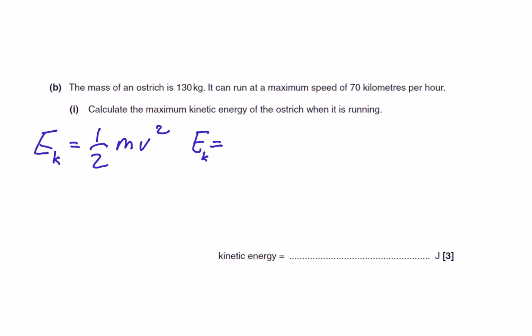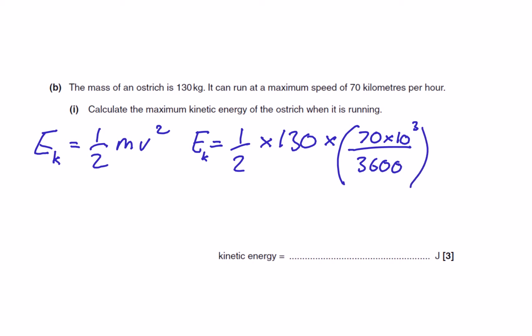Ek is going to equal a half multiplied by the mass, that's 130, multiplied by the velocity squared, and if it's going 70 kilometers per hour, that's 70,000 meters, and if we divide that by the number of seconds in an hour, 3,600, that will do that. And if we square that, that's all looking good, and if we put that into our calculators, we come out with an answer of 2.5 times 10 to the 4 joules.